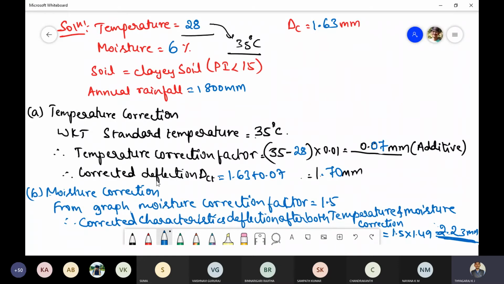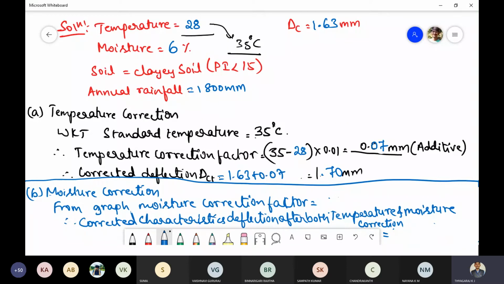Up to here you solve, wherever I mark the line. Later on we will see the moisture correction from the graph. Up to here, kindly note down the corrected deflection.